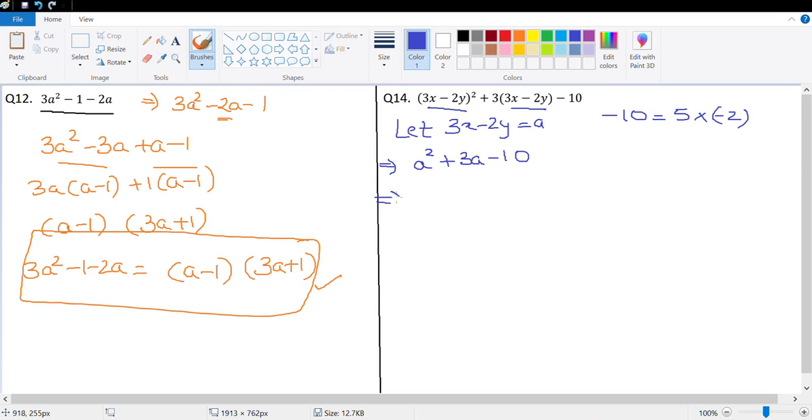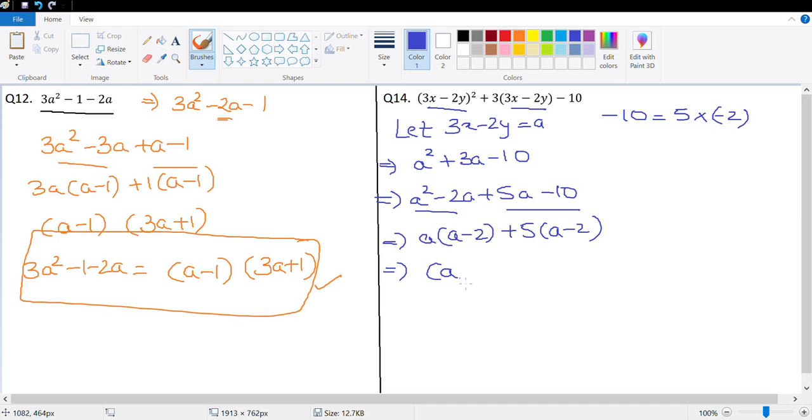So this would be a square minus 2a plus 5a minus 10. Grouping it the way I have underlined, a times a minus 2 plus 5 times a minus 2, which means a minus 2 times a plus 5.